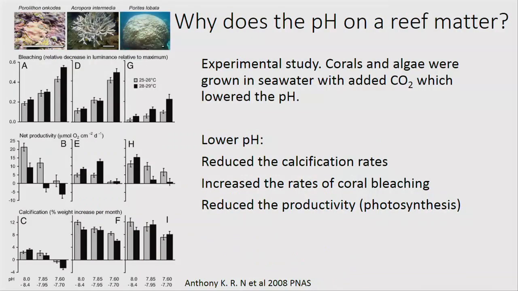Okay? So we can then have a look at some of the maybe indirect aspects. So it's not just if we are changing the pH up and down and the pH gets too low, the corals will dissolve. So this is a series of experiments where they've taken a bunch of corals. The one on the left is actually an algae, this porolithon. Then we've got acropora and a porites coral.